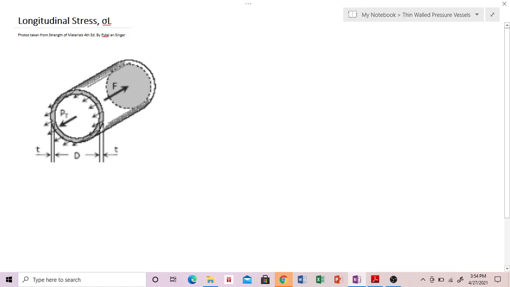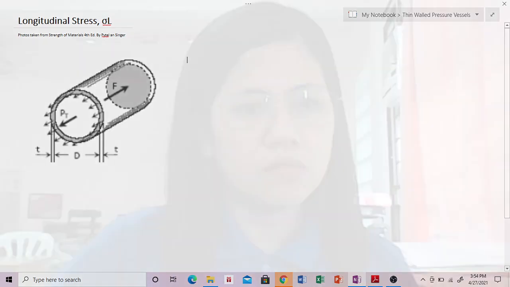Kasi kanina, kung ito yung cylindrical vessel natin, class, yung tangential kanina, yung nauna, ang bursting force niya is pag ganun yung direction natin.